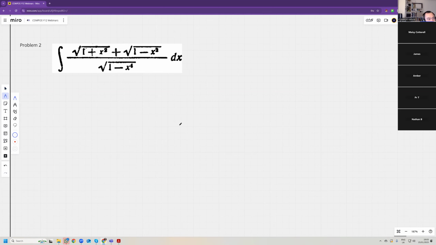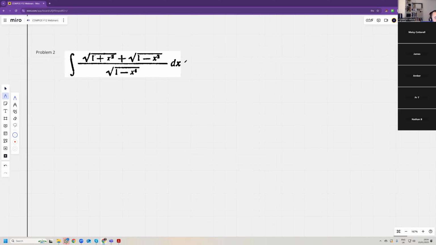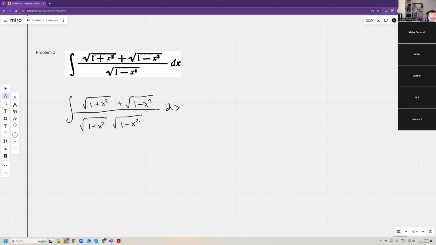Difference of two squares in the denominator. I can. Yeah, let's do that. So it's the integral of square root of 1 plus x squared plus, minus x squared. So here I have square root of 1 plus x squared multiplied by square root of 1 minus x squared dx.